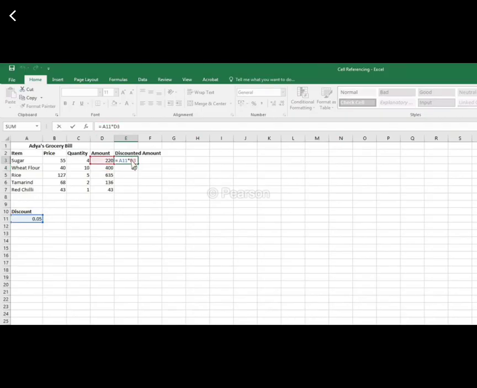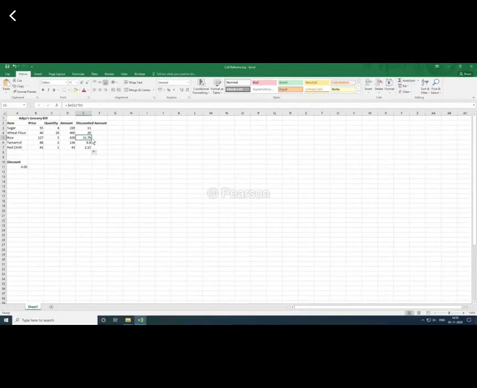So, the formula we should write in E3 is $A$11 multiplied by D3, and copy it to the rest of the cells. Notice that the cell reference remains fixed for cell A11. Thus, it is called absolute referencing.